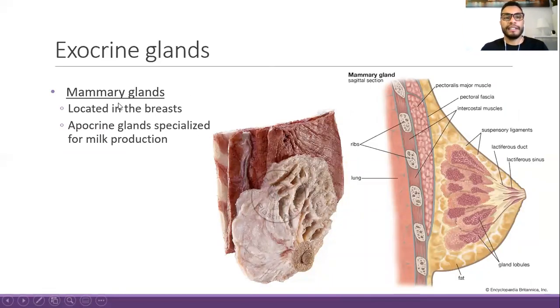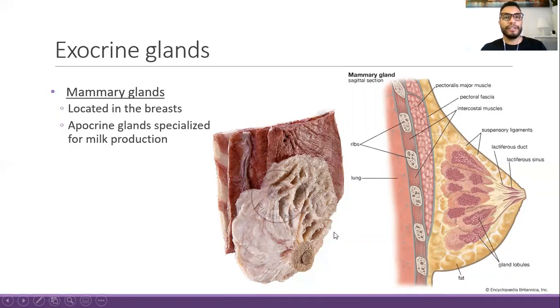We have also the mammary glands. They are located in the breasts, and they are also modified apocrine glands, which are specialized for milk production. Actually, we have mammary glands in males and females, but the difference is that in females, after puberty, the mammary glands develop.